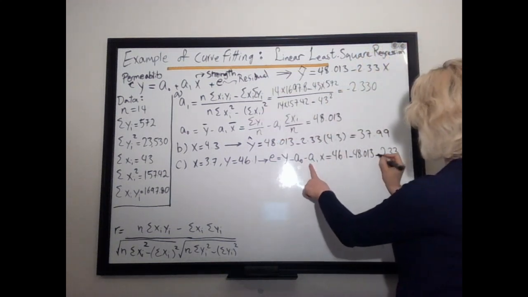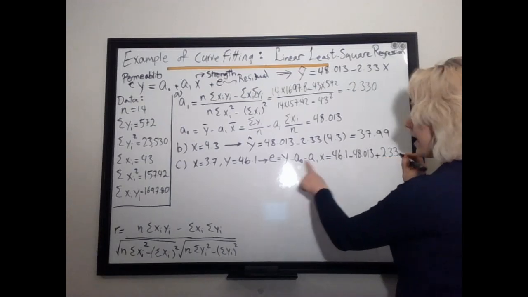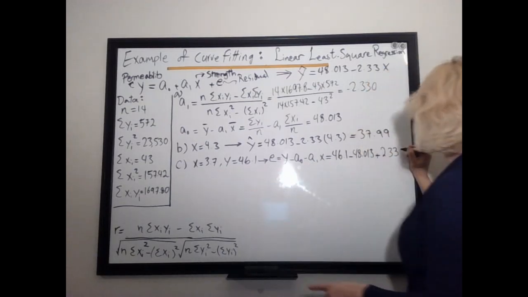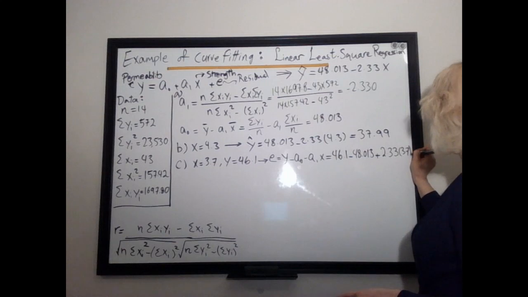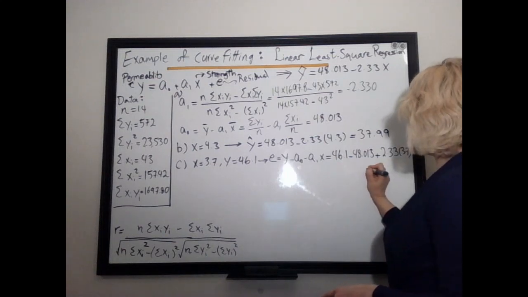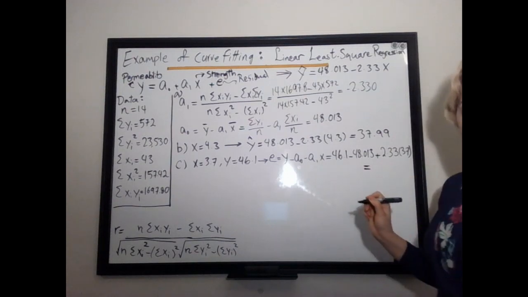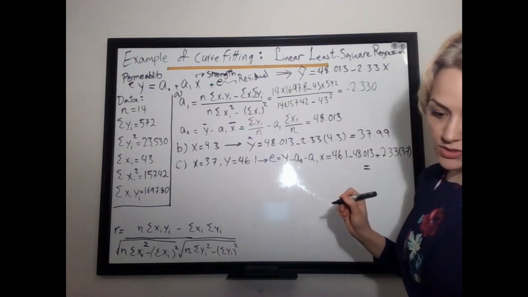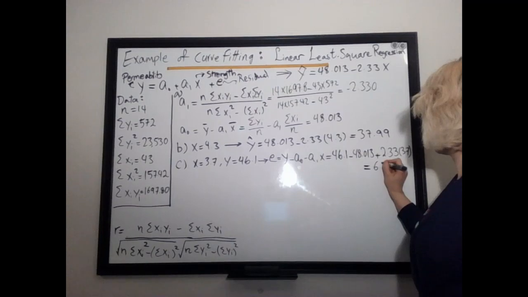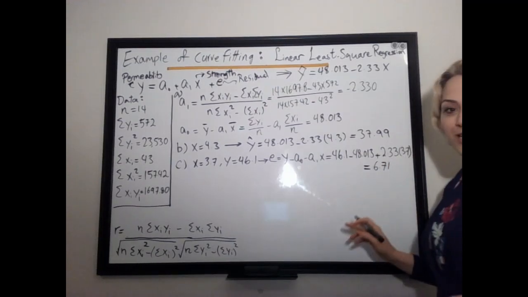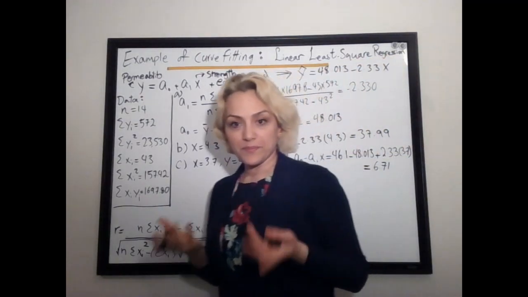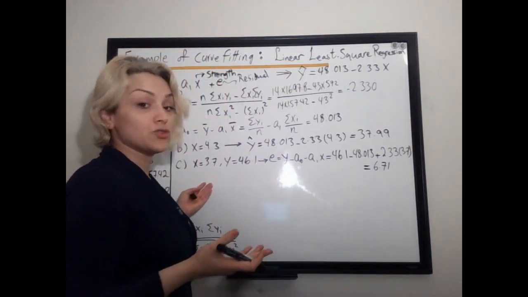When we have minus of that, it's going to be plus. And then our x is 3.7. So when we deduct these two, the value that we find for the residual is 6.71. So this is going to be my value for the residual here.